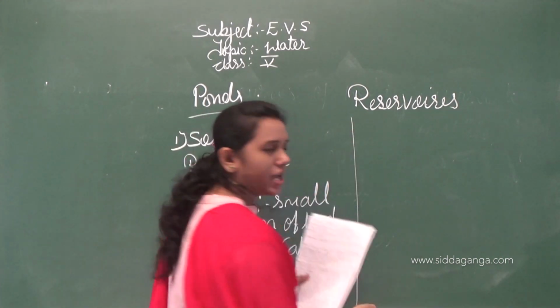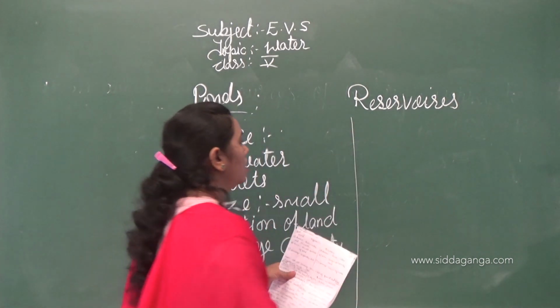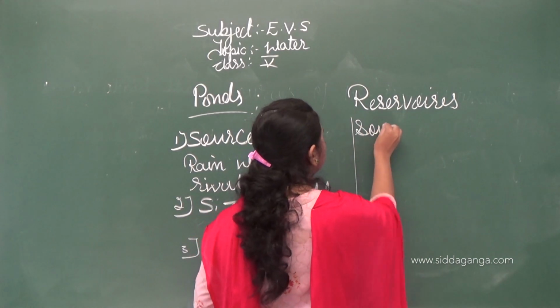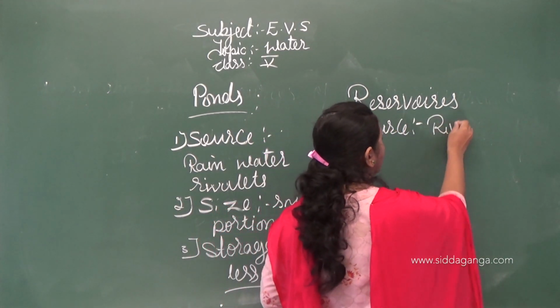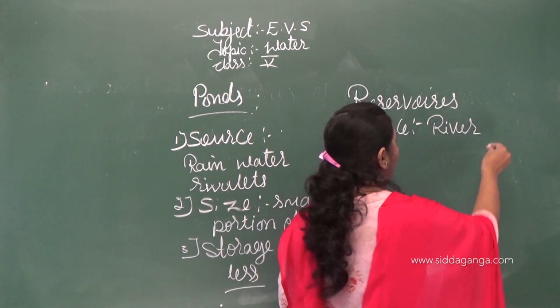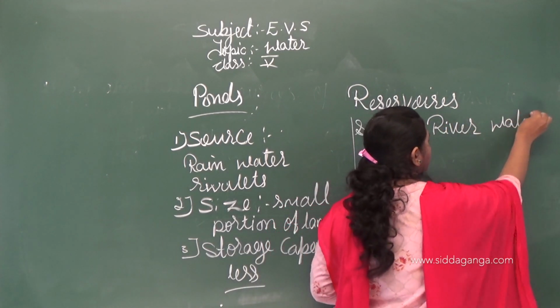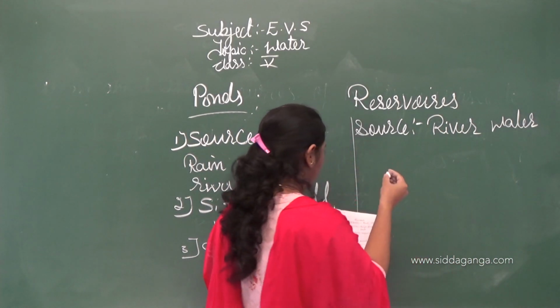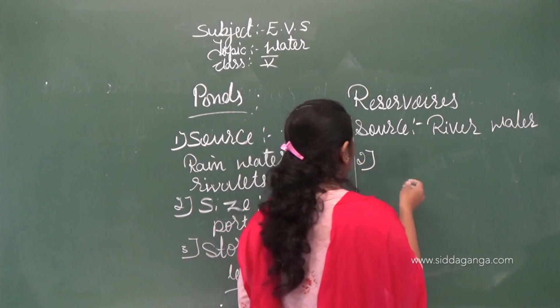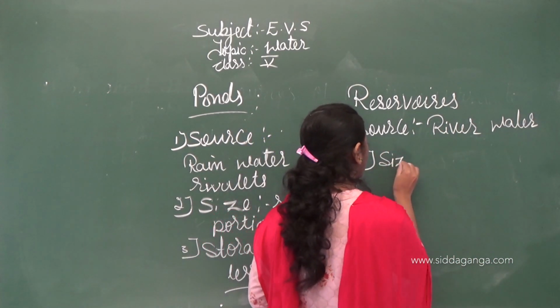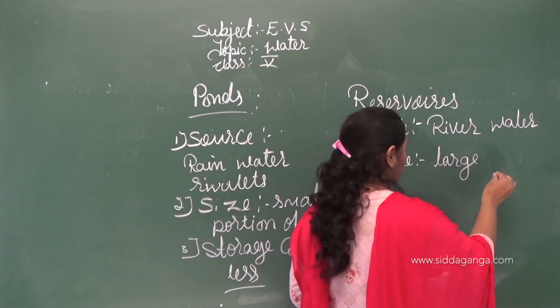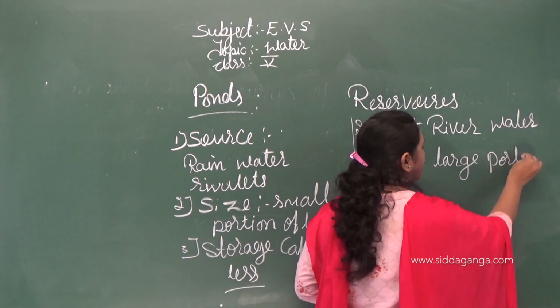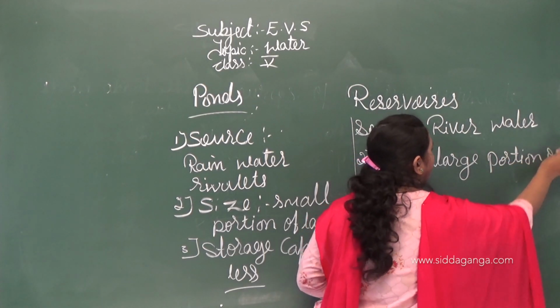Here, reservoirs. Source: river water. Next, size: large portion of land.